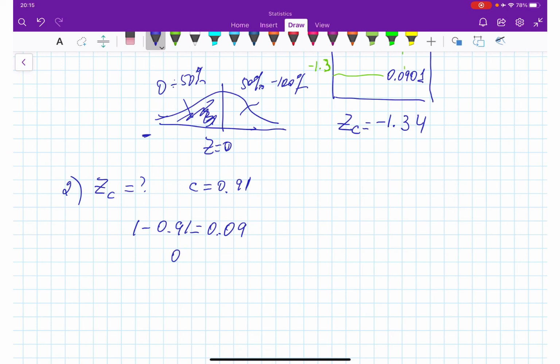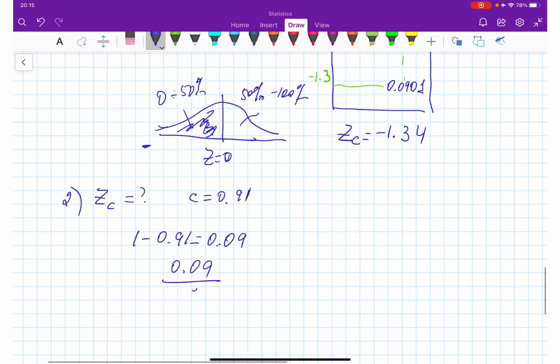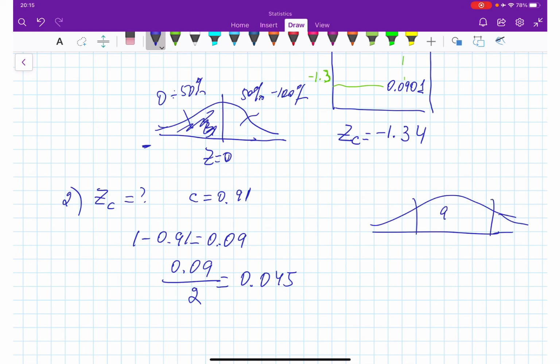And we divide by 2 because we need one tail, which is 0.045. This is our 91%. These two tails together will be 9%, and one tail is going to be 4.5%.